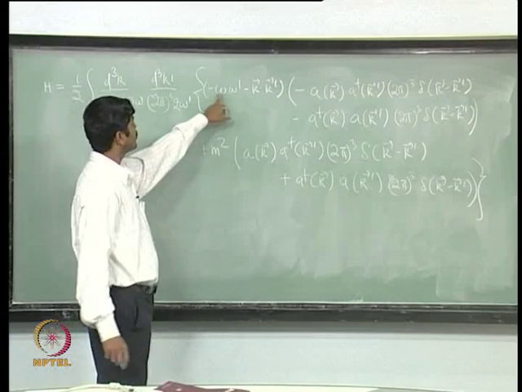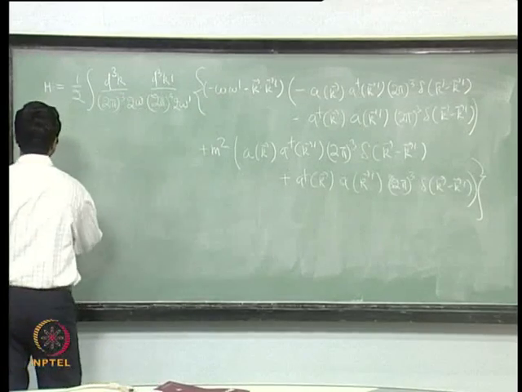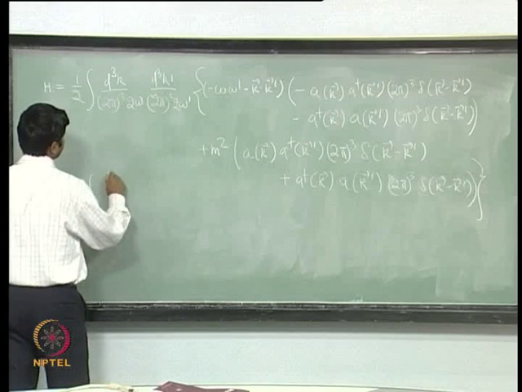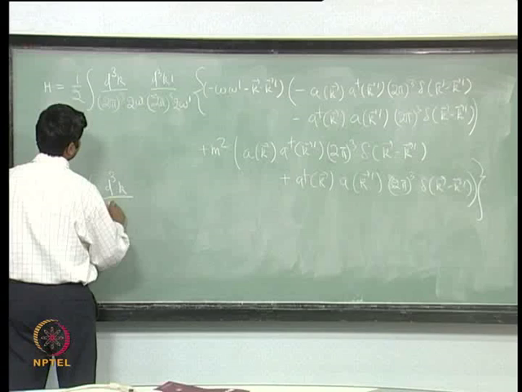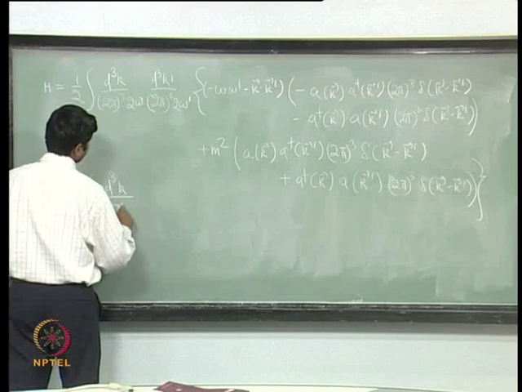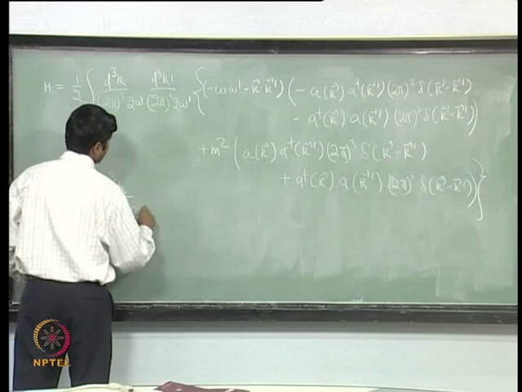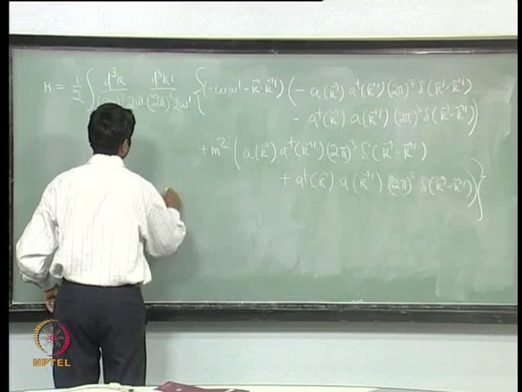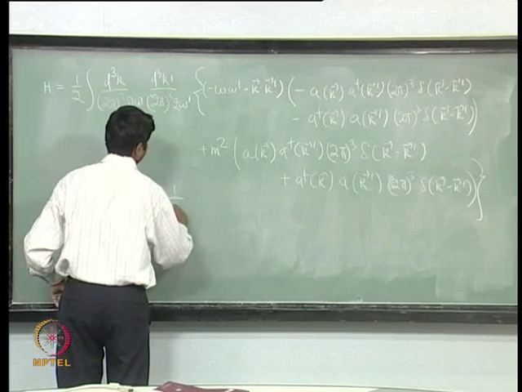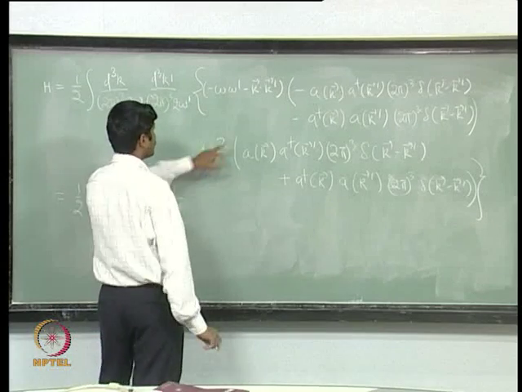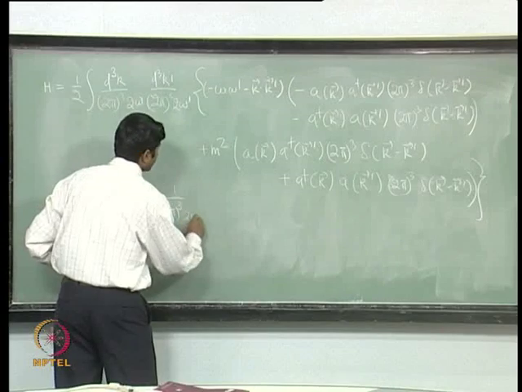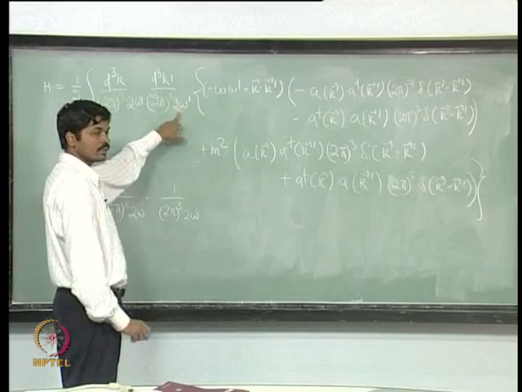Then you can see that here you will get half integration d cube k over 2 pi cube 2 omega, and here I will get 1 over 2 pi cube. When I carry out the delta function, I will get again 2 omega for this.